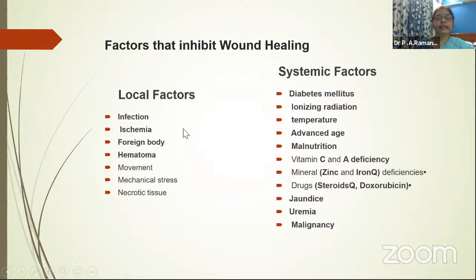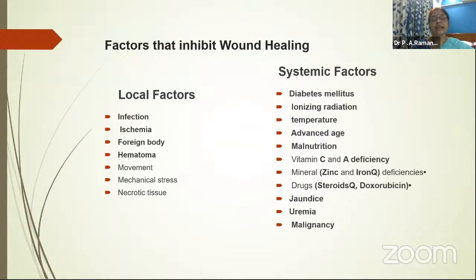In local factors, there are some conditions that prevent proliferation or migration, so regeneration is not allowed, or the necessary factors are not secreted there. One thing is infection or ischemia, when the proper blood supply is not there to the wound.